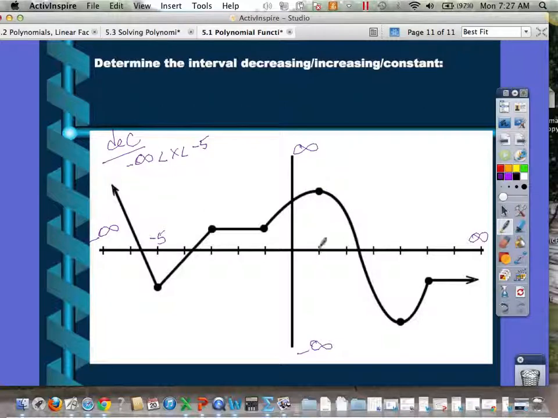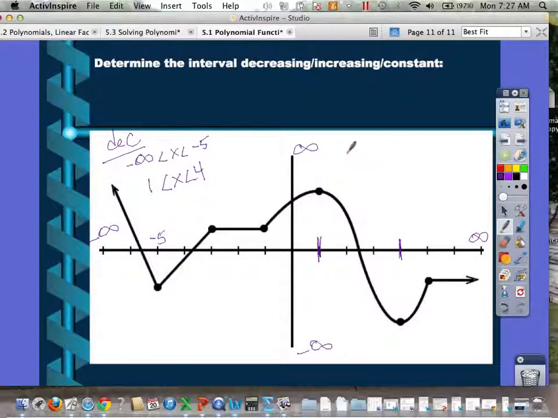And then it's also decreasing going from this point down. So that's going to be from 1 to 4, 1 < x < 4. And that's the only other place it's decreasing.